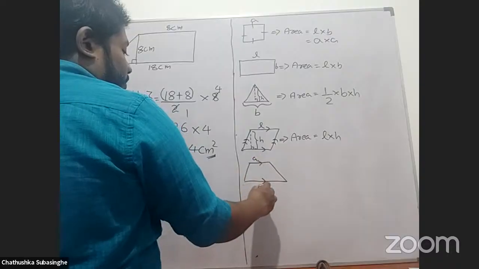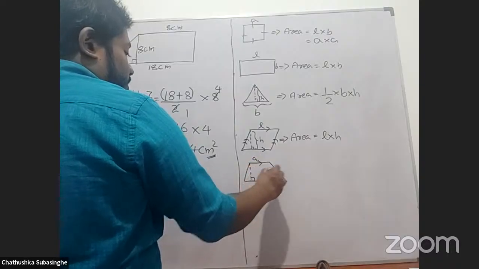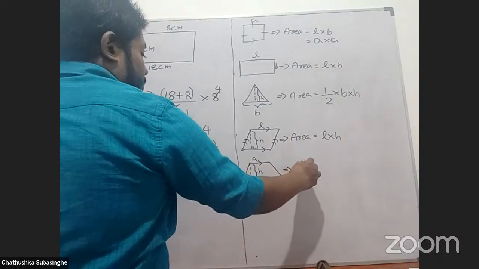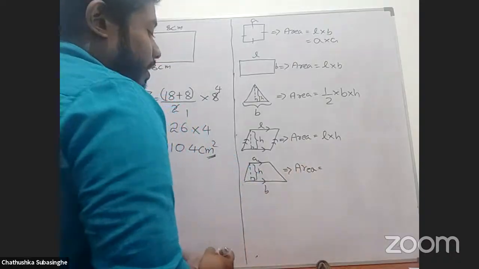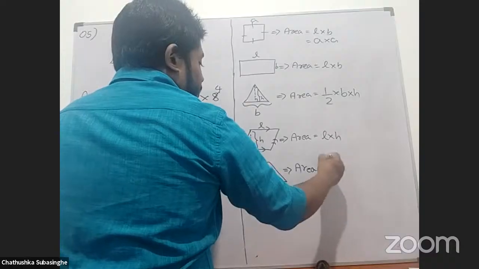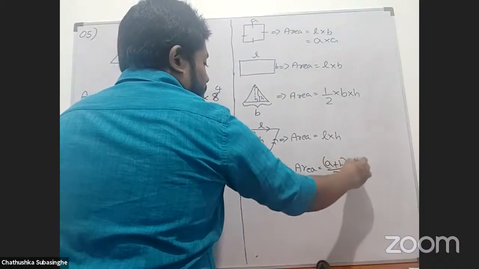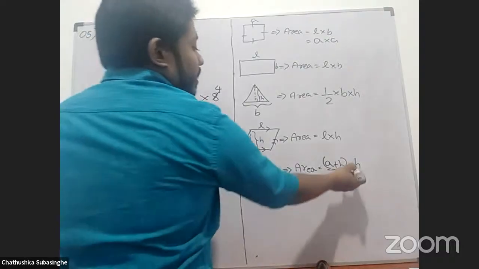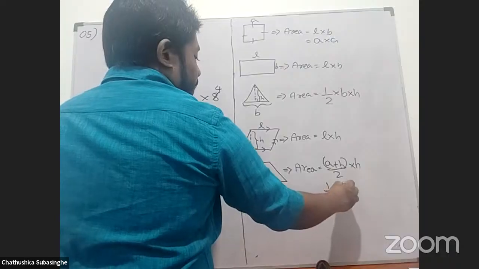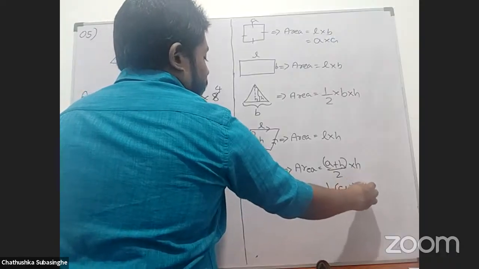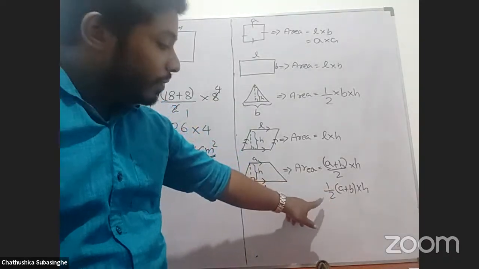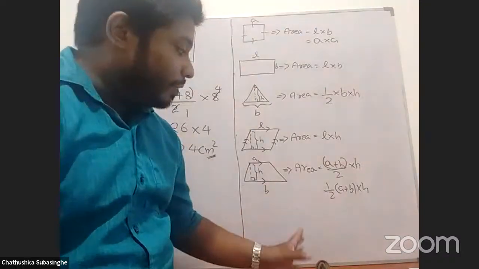So if these are A and B, and this is H, we can write area equals the addition of the parallel lines, which means A plus B divided by 2 multiplied by H. Sometimes you might write it as half into A plus B into H, instead of writing the division by 2. That is also correct. It's not wrong.